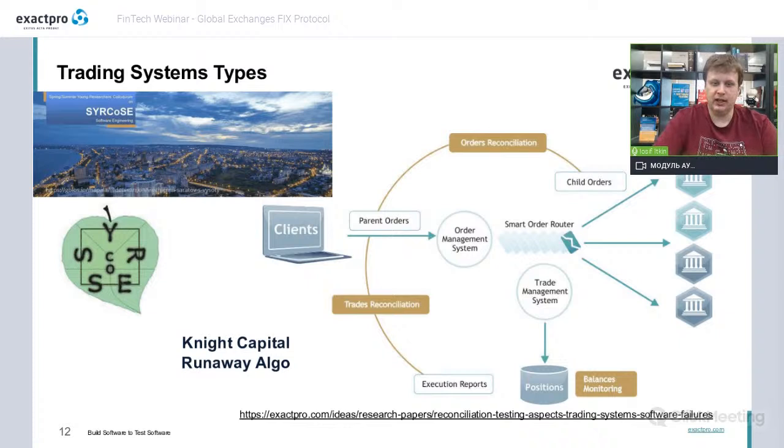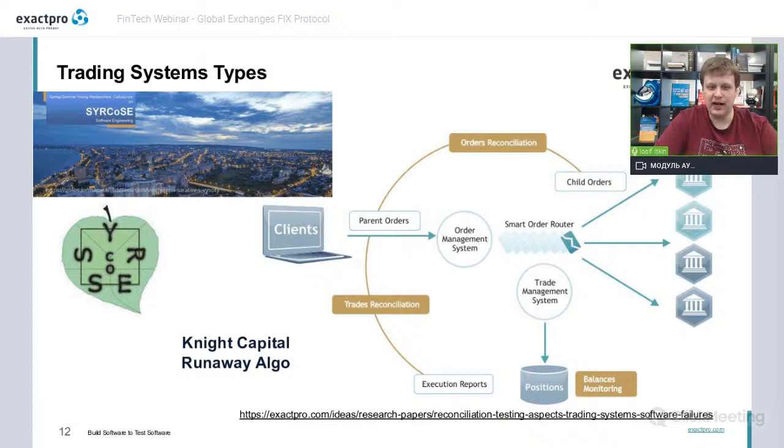Okay, so let's have a look. The slide contains a link to a research paper from the Exactpro team, reconciliation testing aspects of trading system software failures. It was presented several years ago at a conference for young researchers, and it is dedicated to the Knight Capital runaway algo.